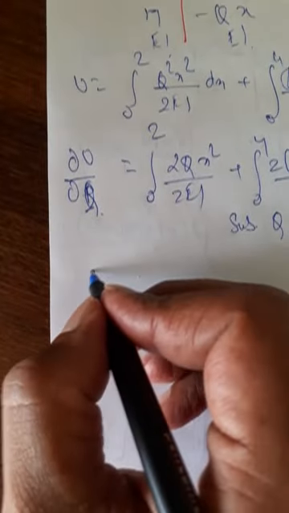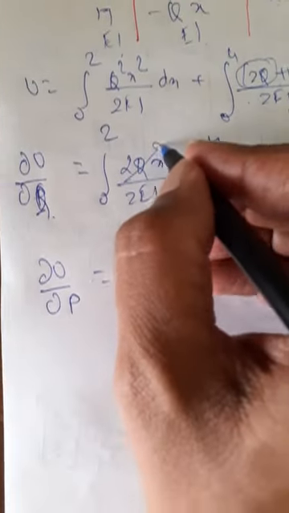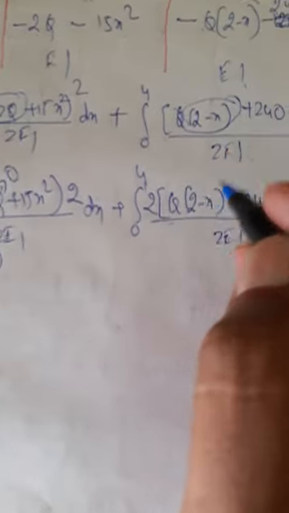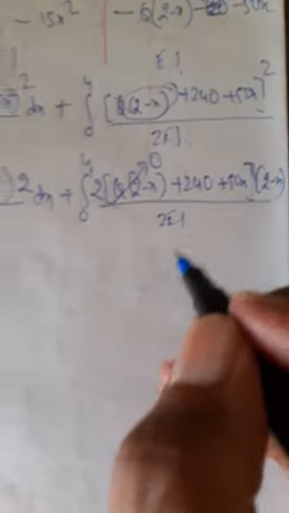So dou U by dou Q is equal to: this is 0, this term becomes 0, this whole term becomes 0.